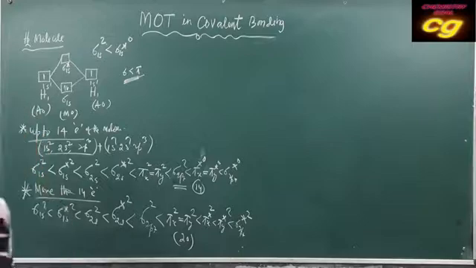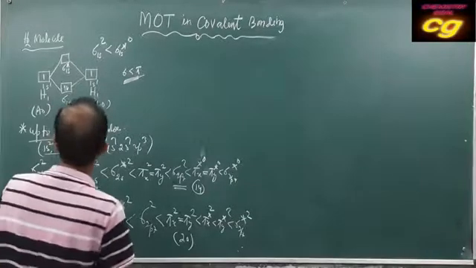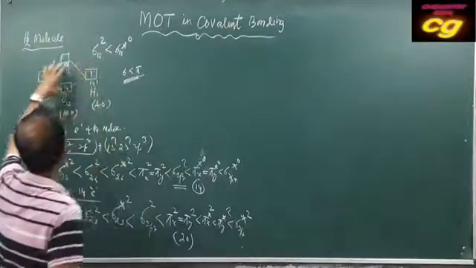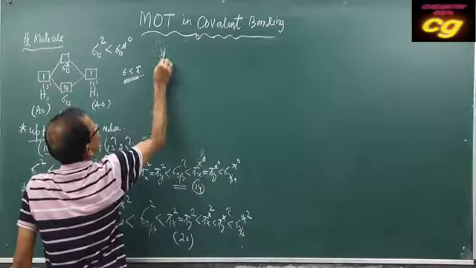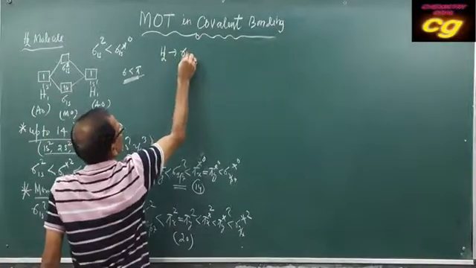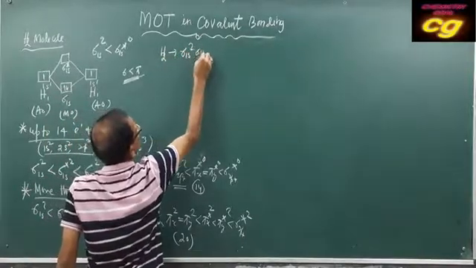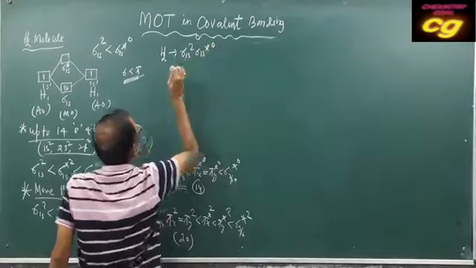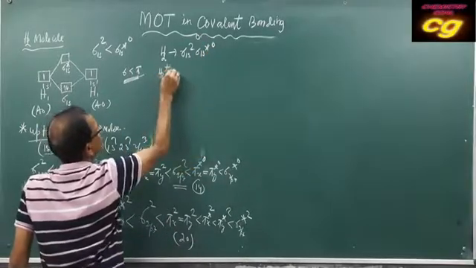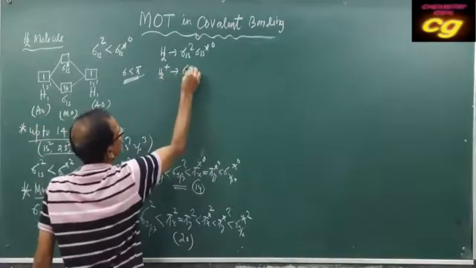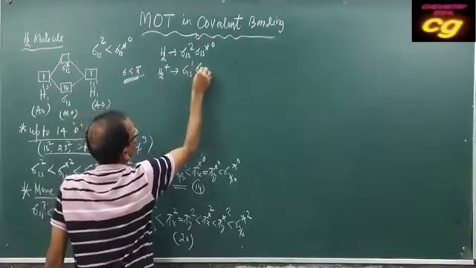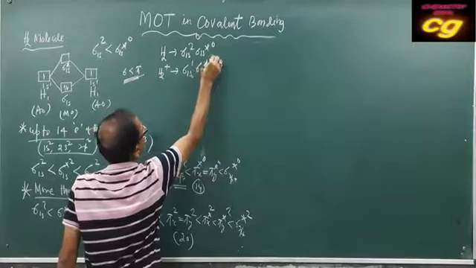Let us take an example, suppose here I can write H2 plus. H2 configuration is sigma 1s2 sigma 1s star 0, and H2 plus means it has lost one electron, so it becomes sigma 1s1 sigma 1s star 0.